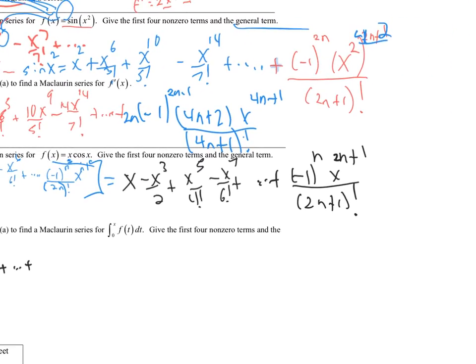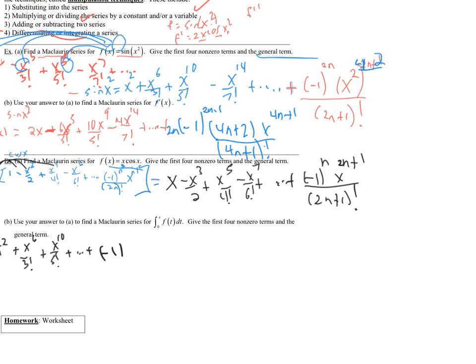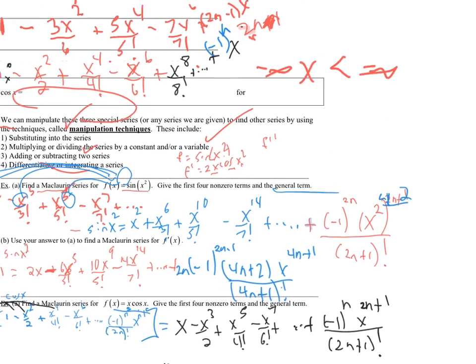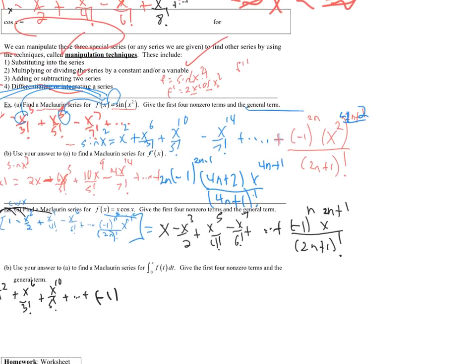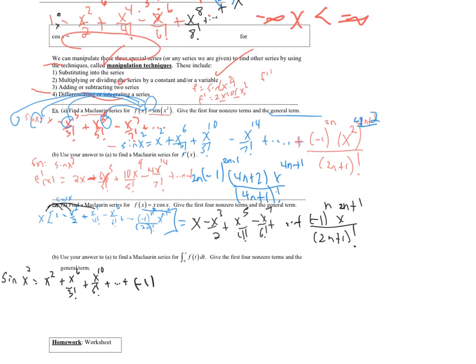I think I left it as minus 1 to the 2n. Look, what did I leave it as? I gotta go back and look at it. It's possible it was just an n.